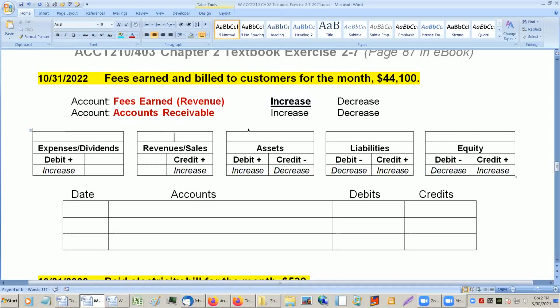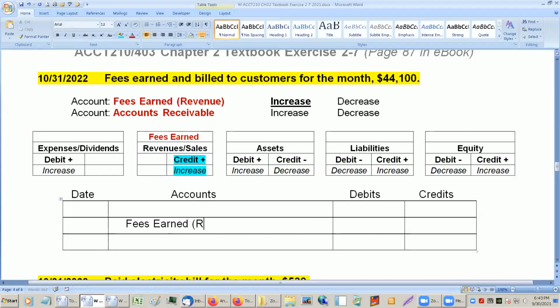Fees earned is a revenue, so it's a credit. Revenues are always credits, increased by credit. So we can actually do the journal entry right now. If you run into a revenue, just like an expense, except it's going to be a credit.